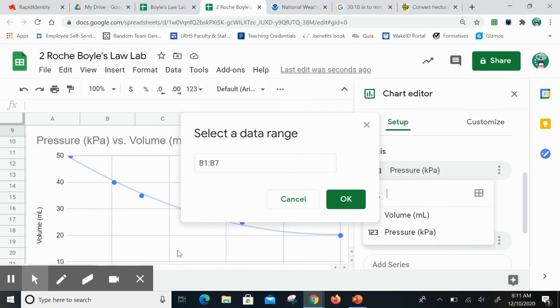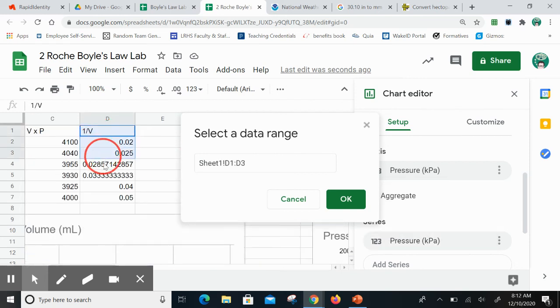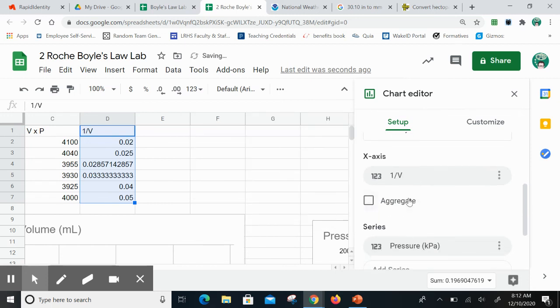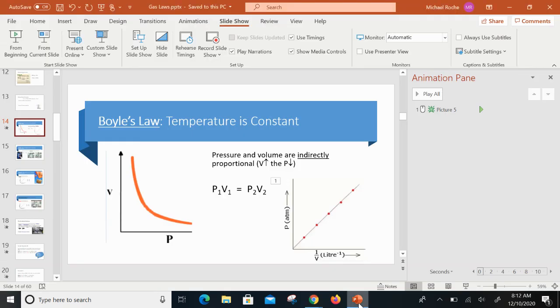So I go back to my little chart and select the 1 over V. I clicked my mouse at the 1 over V and dragged it all the way down to the 0.5, and hit enter. So now my x-axis is 1 over V and pressure is the y-axis.